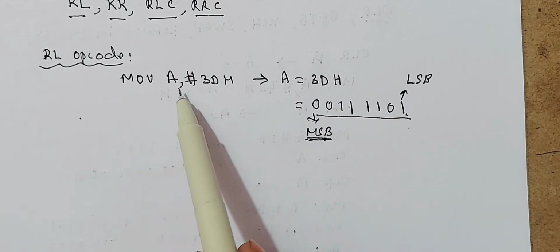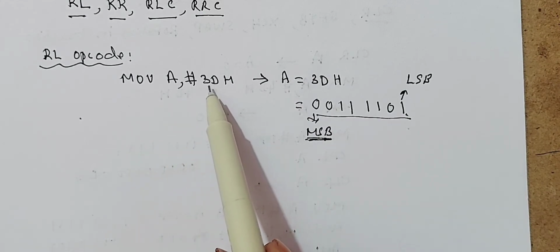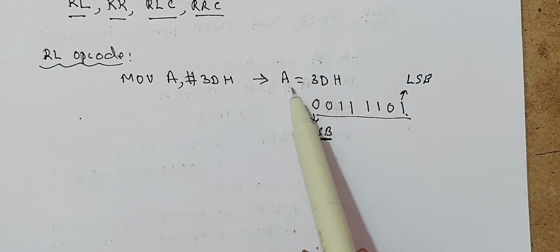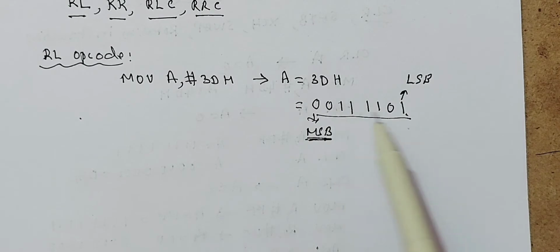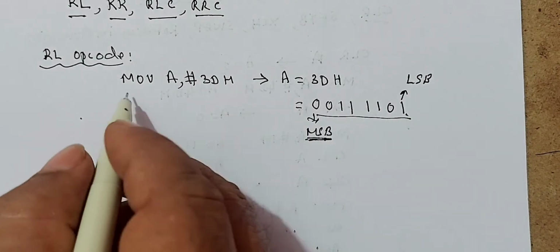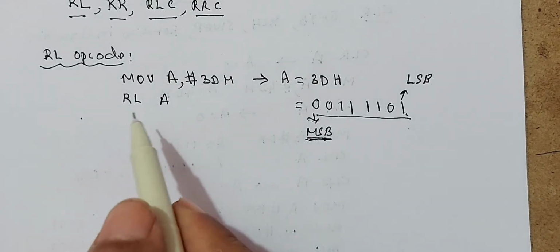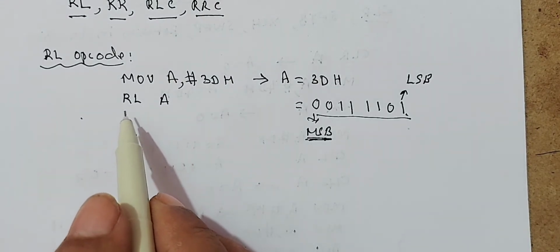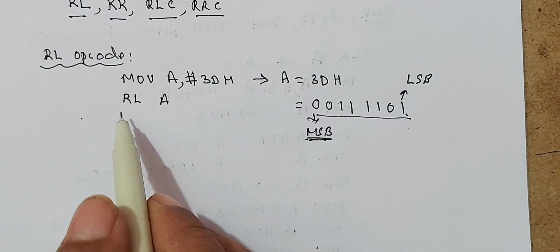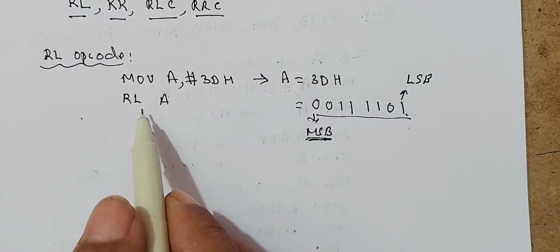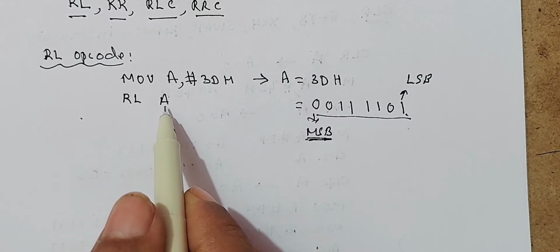Now MOV A, #3D means the value 3D is loaded into A. Now A contains 3D. Then the instruction RL A tells the 8051 microcontroller to rotate the content of A to the left.